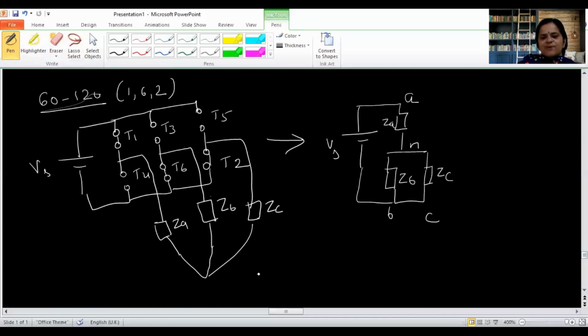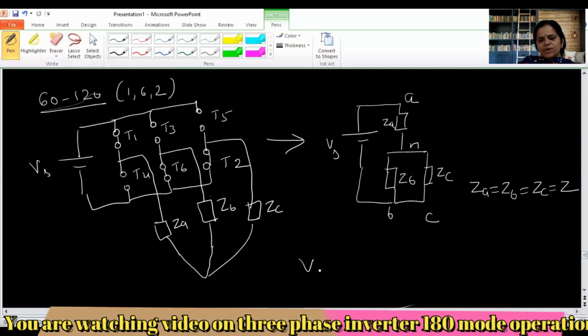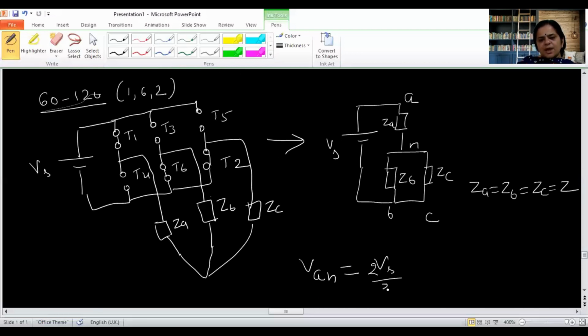Now again if I apply the voltage division formula, with ZA, ZB, ZC equal to Z, and repeat the same process, VAN will be equal to 2 Vs by 3, VBN will be minus Vs by 3 and VCN will be minus Vs by 3. Why the minus sign?